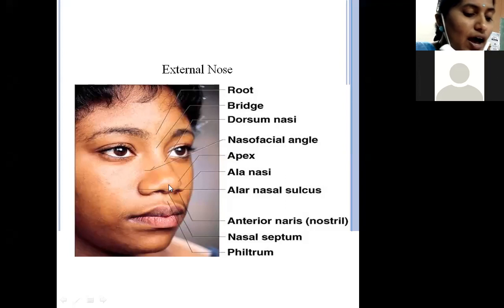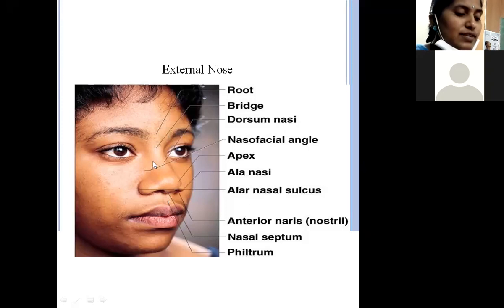Between the nose and the face we have the nasofacial angle, and these lateral elevations are called alae nasi. Between the upper lip and the nose, this area is called the philtrum.